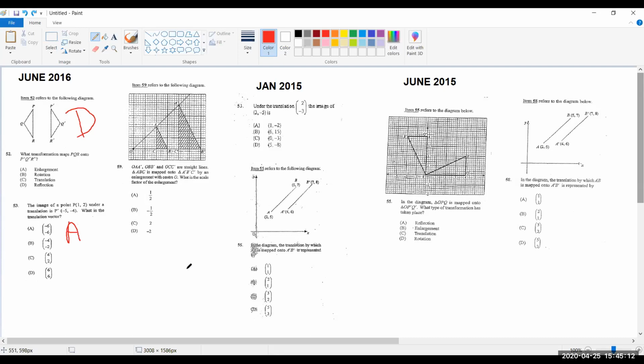Triangle ABC is mapped onto triangle A1B1C1 by an enlargement with center O. What is the scale factor of the enlargement? So yeah, C.